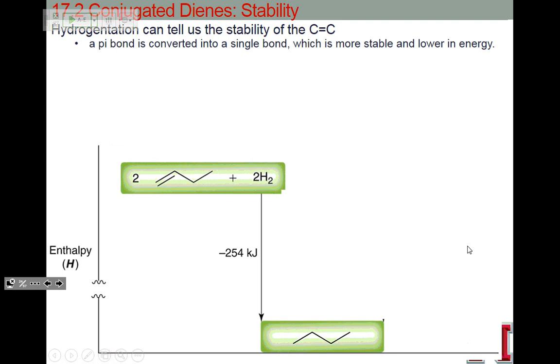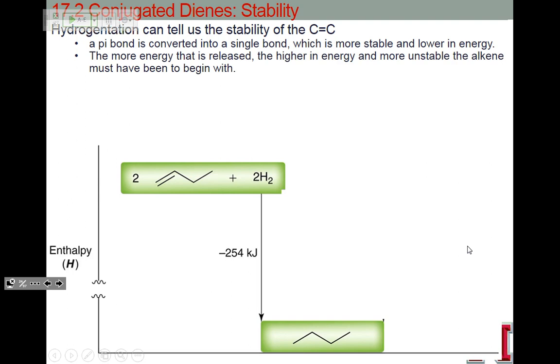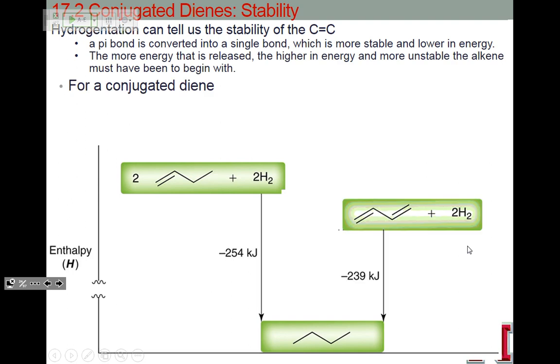As far as stability, we can often compare it by looking at our hydrogenation. That's just our reduction reaction from a double bond to a single bond. Now, having a pi bond is always going to be more unstable. But if we're comparing our double bonds, typically what we see is conjugation gives us a little bit more stability.